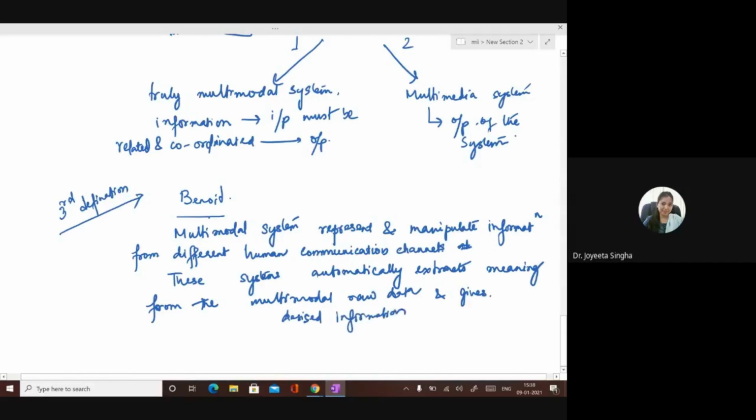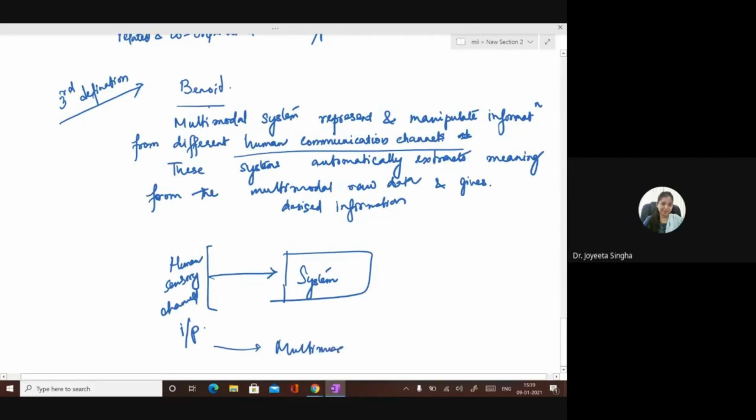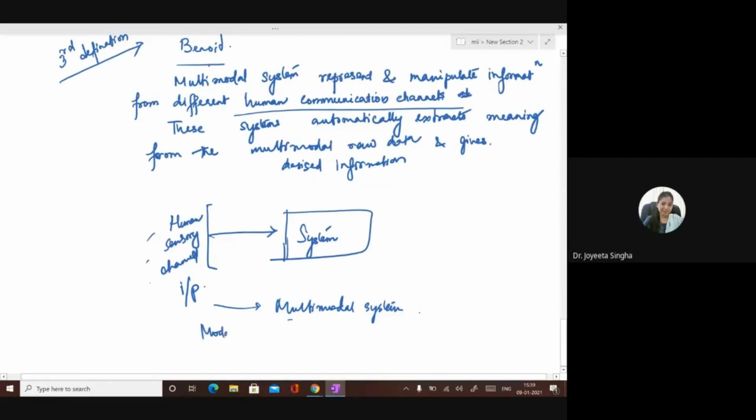See, any system that uses any of the human sensory channels, and human communication channel and sensory channel are the same, as an input, you will call it modal.